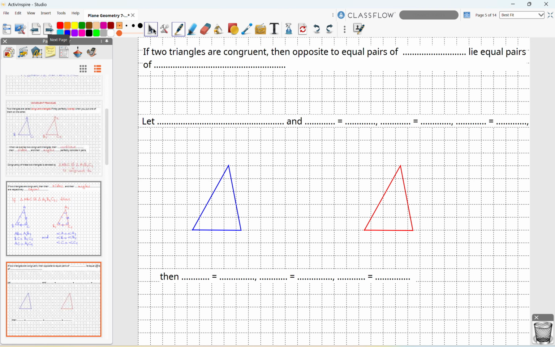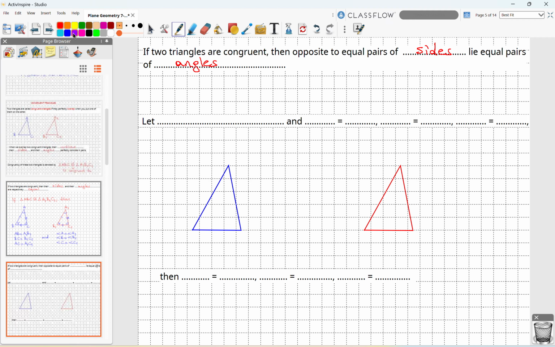Again, if two triangles are congruent and, for example, we are given the sides of the triangle, then we should understand that opposite to equal pairs of sides of two congruent triangles lie equal pairs of angles.